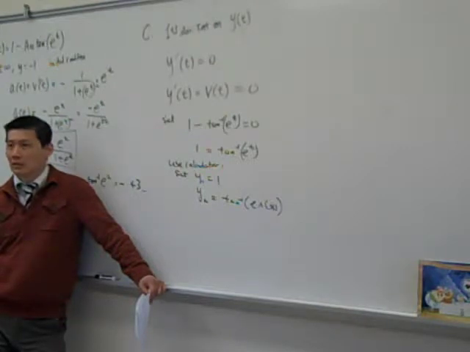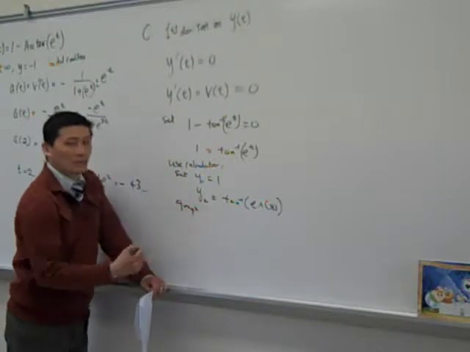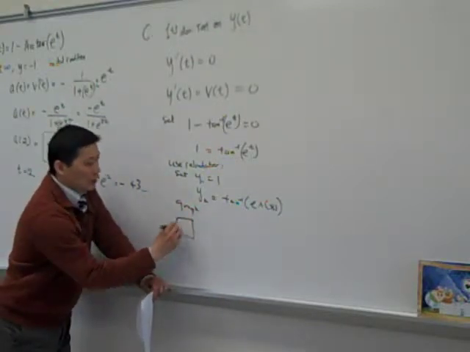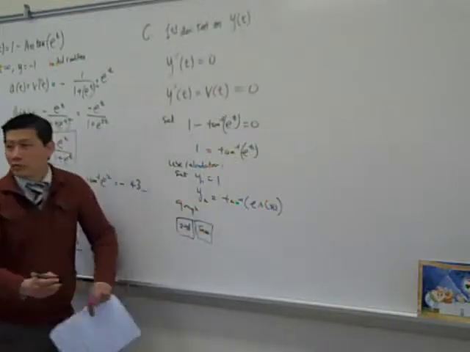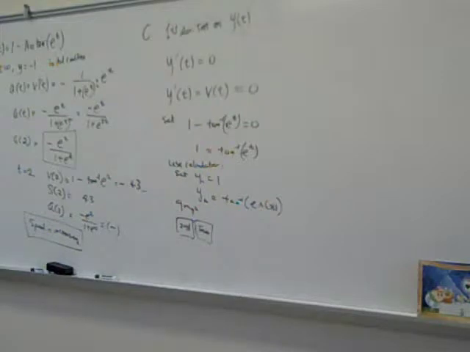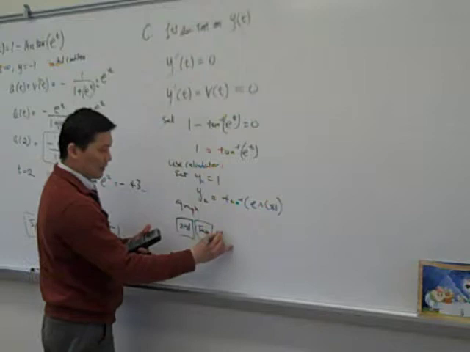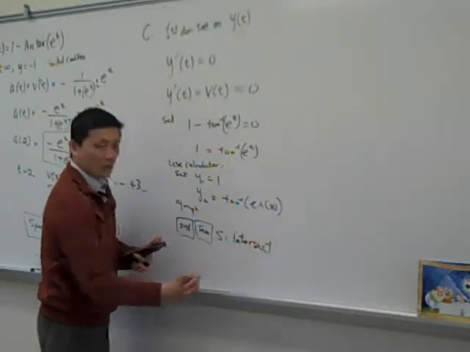You graph it out, and then you use second trace, which is calculate. You pick option number 5, intersect.